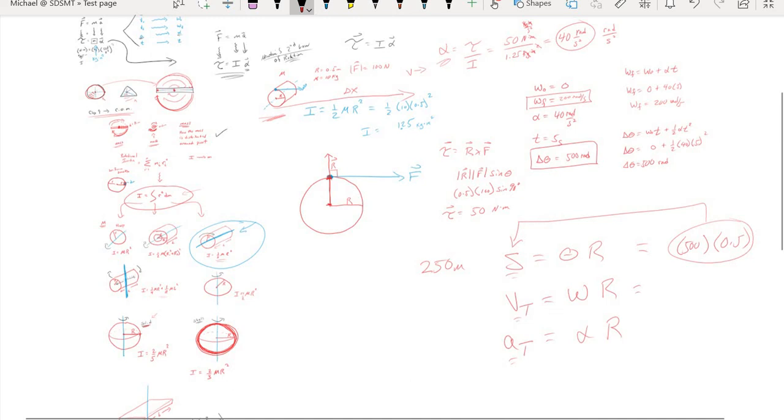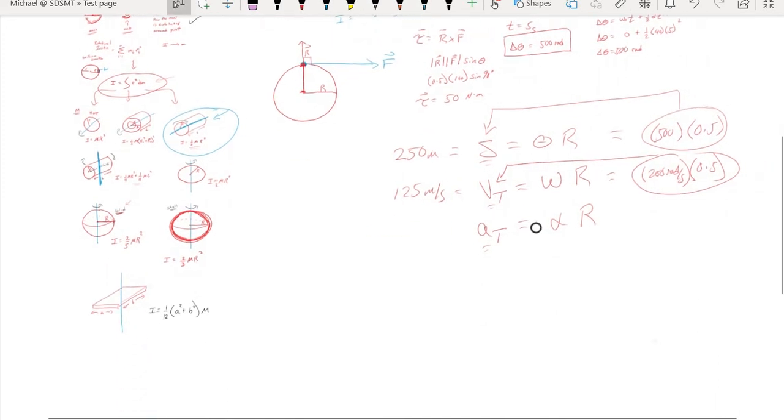Likewise, we know that we have a final angular velocity of 200 radians per second on a half meter wheel, which will result in a linear velocity of 100 meters per second. So pretty fast, but that's what happens when I make up the numbers as I go here.